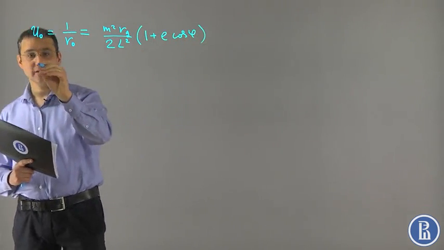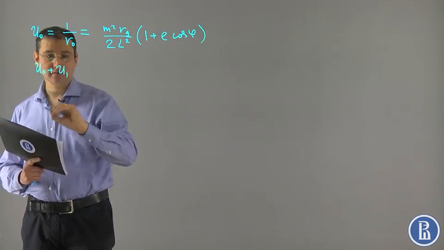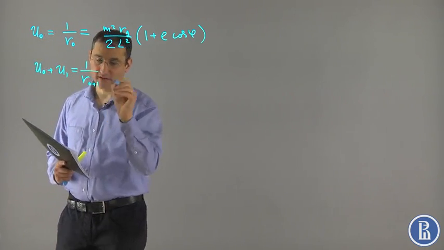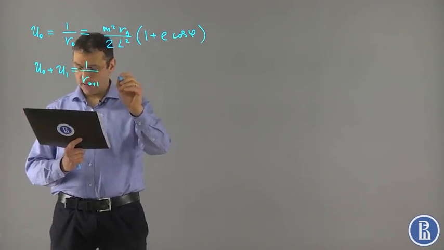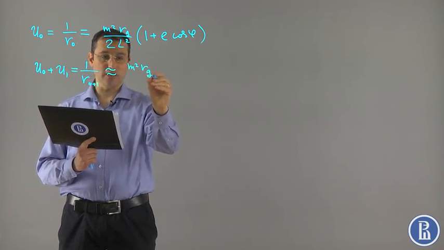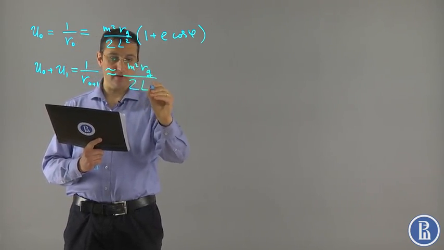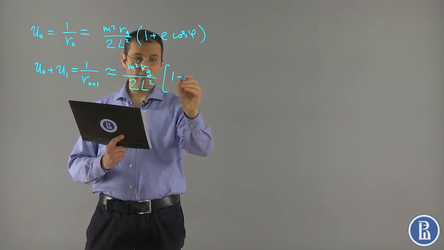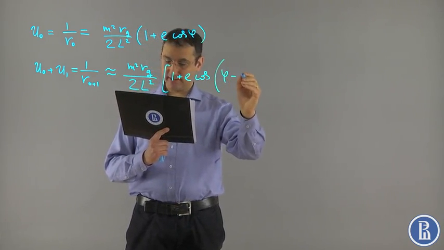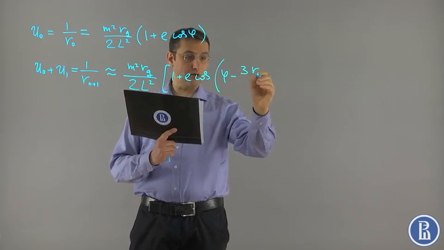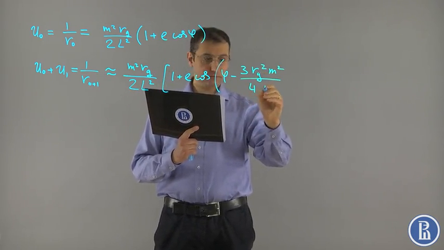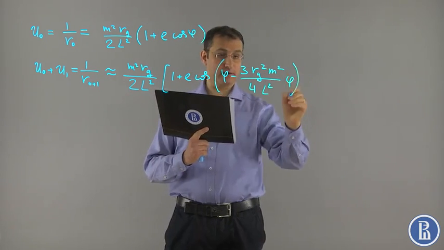At the same time, U0 plus U1, which is 1 over R0 plus 1, so it's the 0 level plus the first correction, is approximately equal to m squared Rg divided by 2L squared times 1 plus e cosine of phi minus 3Rg squared m squared over 4L squared times phi.